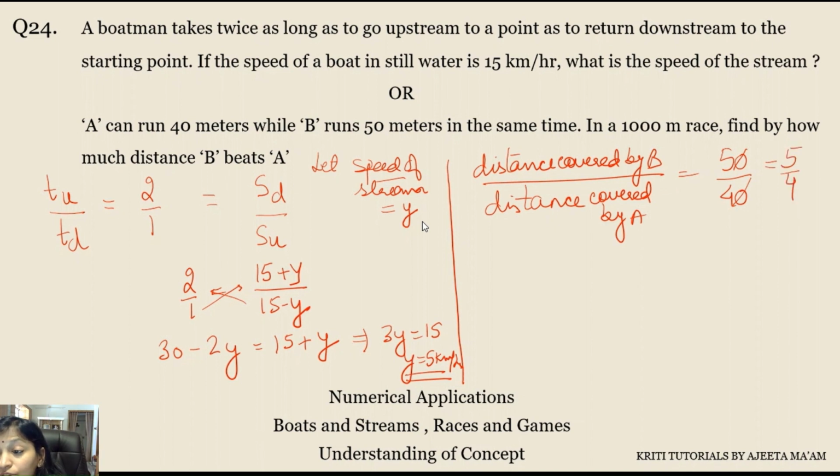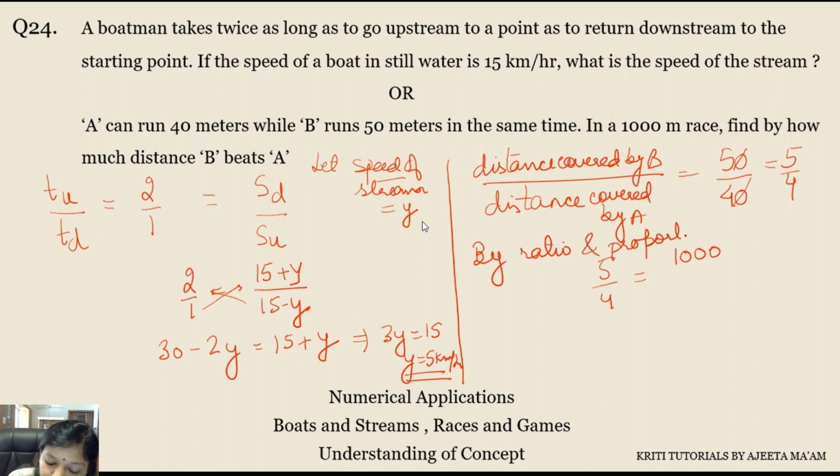Now the race is for 1,000 meters. If we simply use the concept of ratio and proportion, you will get 5 by 4 is equal to, if B is covering 1,000 meters, by ratio and proportion, that will be equal to the distance covered by A, right? So what is x? x is the distance covered by A.